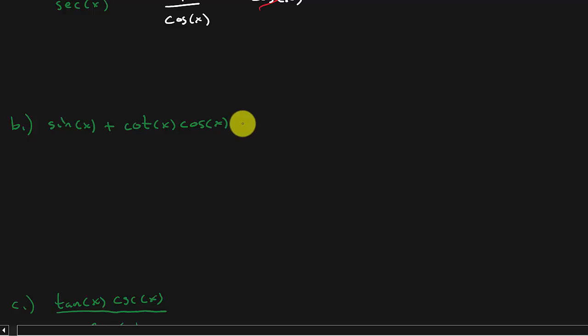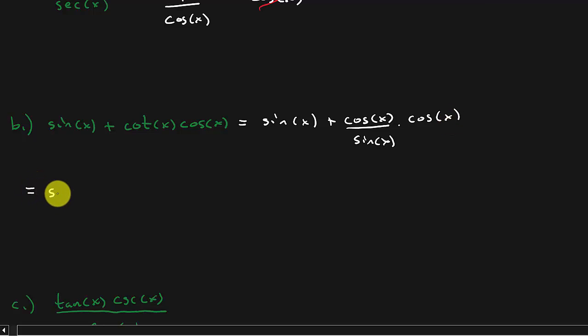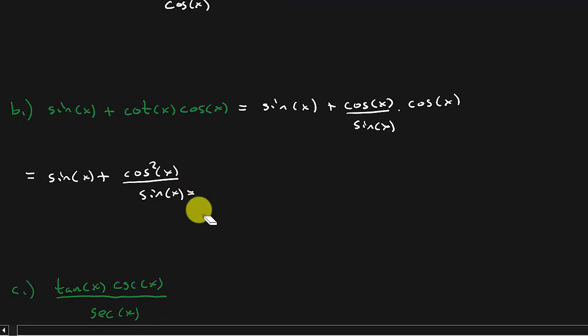So I've got sine plus cosine over sine times cosine. If I multiply this over here, cosine times cosine, that's going to be cosine squared over sine. Now, let's get a common denominator.